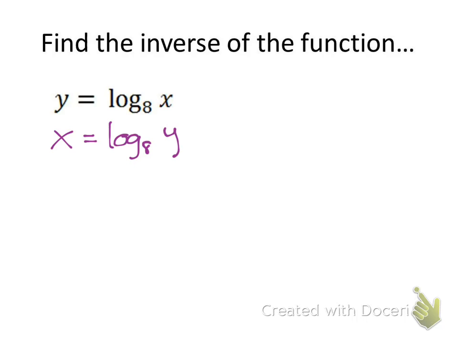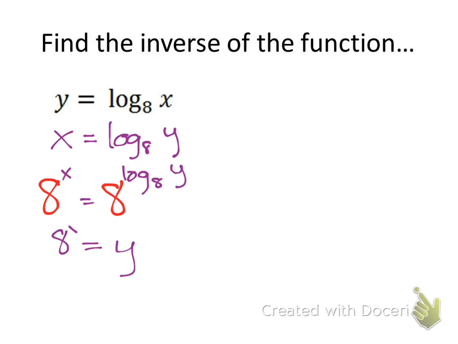I can do this two ways: either raise both sides to be a power of 8, or I could rewrite. But raising both sides to be a power of 8, 8 to the log base 8, just leaves you with y. So this is the inverse. Y equals 8 to the x.